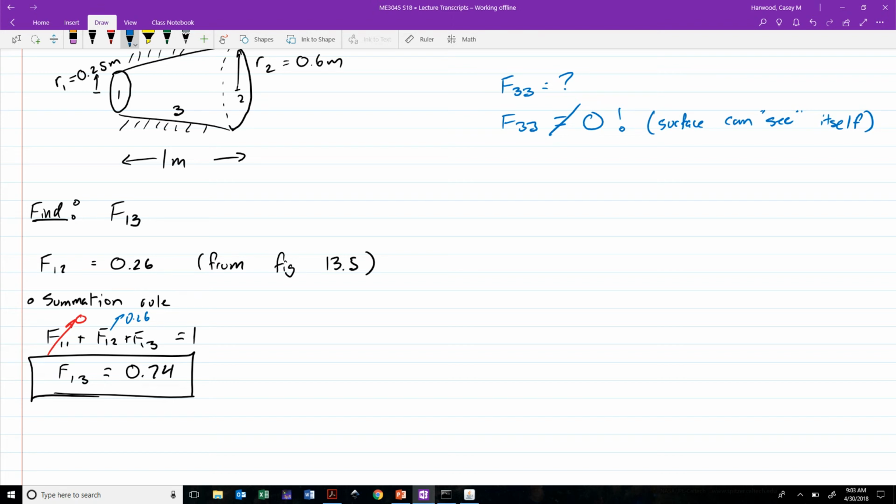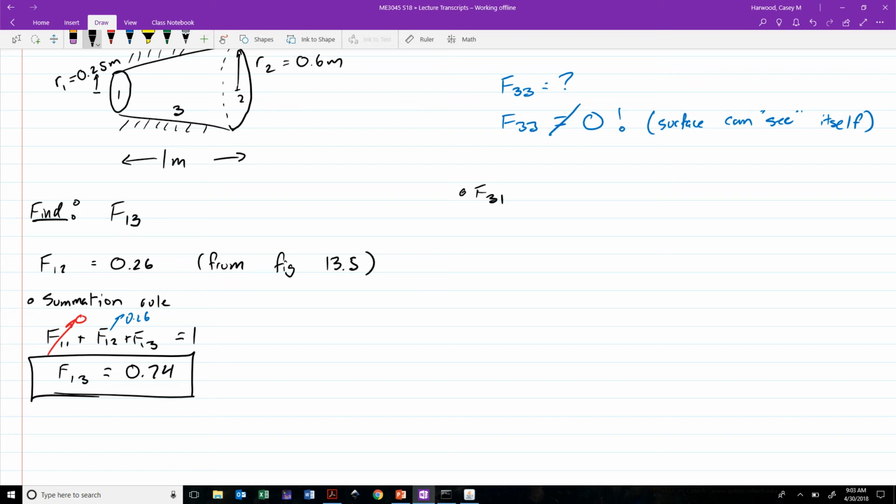F31. That's the one we're going to need, yes. And how would we find F31? What rule would we invoke? I heard a murmur. Reciprocity, right? F13, we've got it. If we flip those indices, F31, then that means we're trying to use the reciprocity rule.